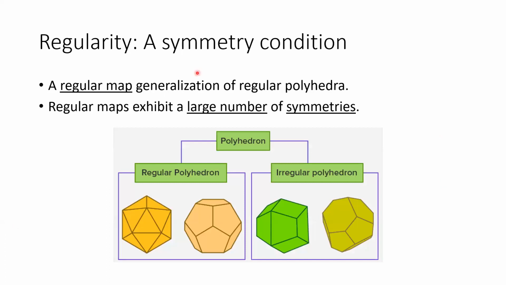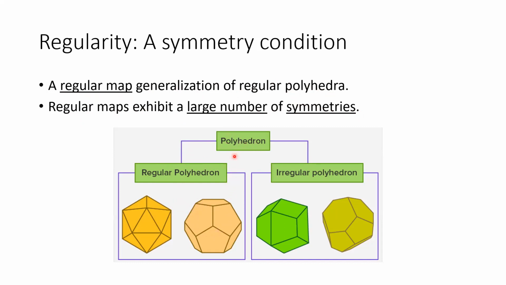And then what does it mean to be a regular map? So regularity is a symmetry condition. A regular map is a generalization of a regular polyhedra. Regular maps exhibit a large number of symmetries. So remember I said the Platonic solids are examples of maps on the sphere.